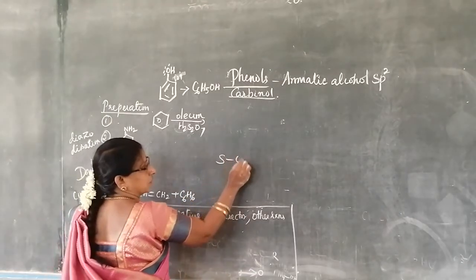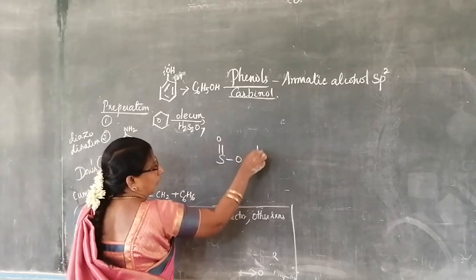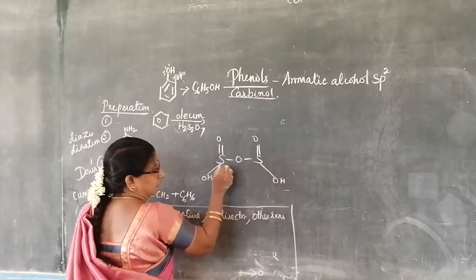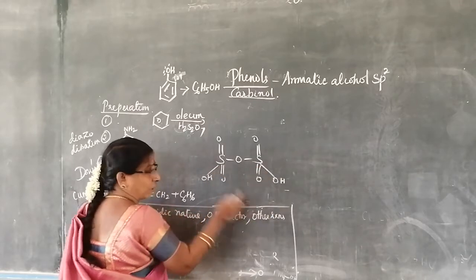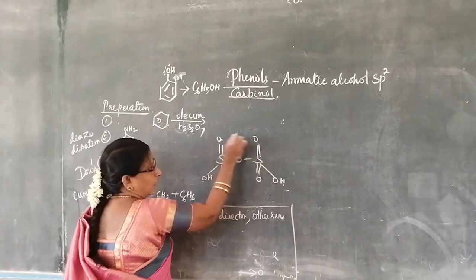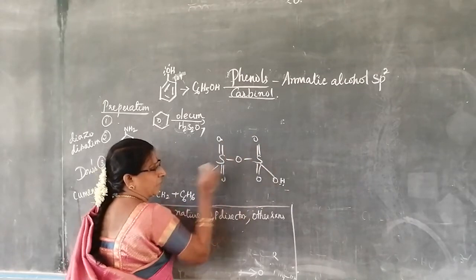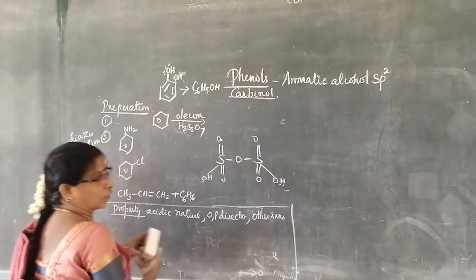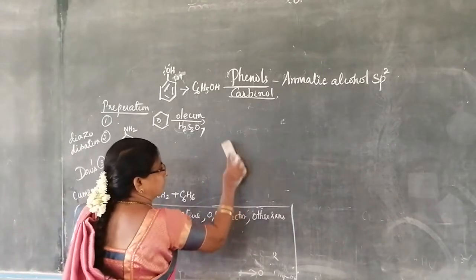Here, double bond O. It is a dibasic acid. After writing, please check it: H2, S2, 1, 2, 3, 4, 5, 6, 7. Whenever you are writing a structure, you have to check that you have written the number of atoms correctly.